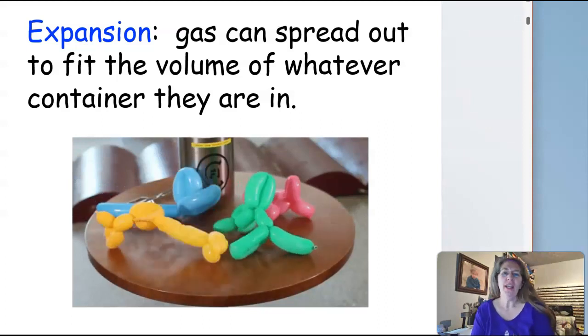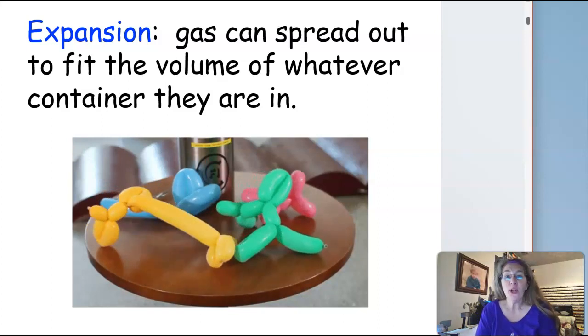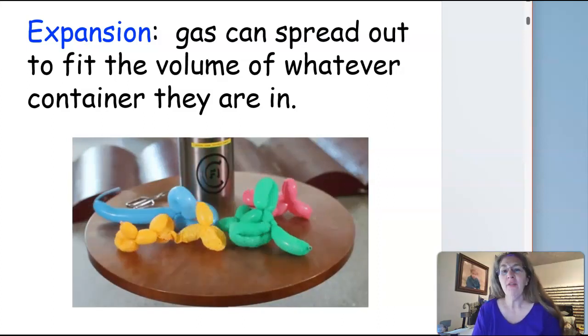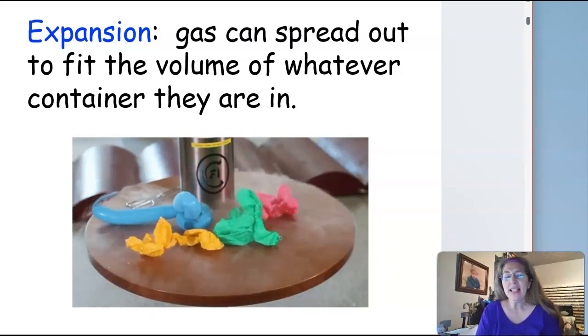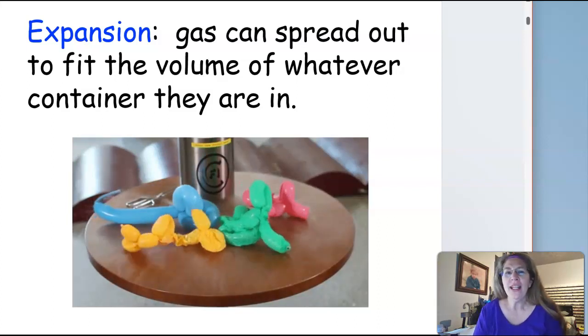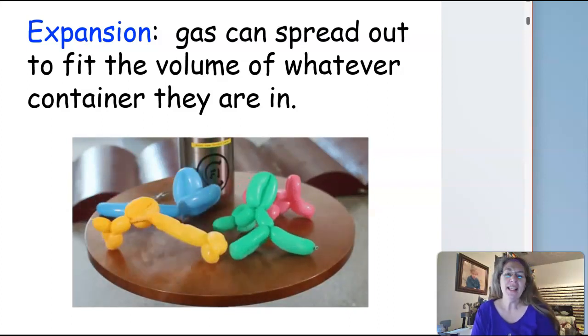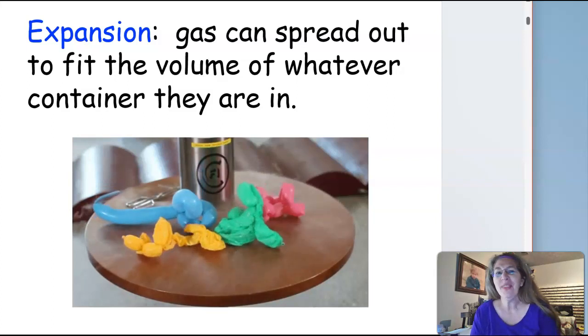So to start out with, when a gas is heated up, the particles move faster. And remember that gases have pressure when they're in a container. And so in this example, you have the balloons.